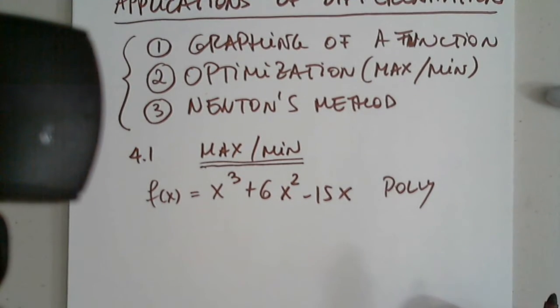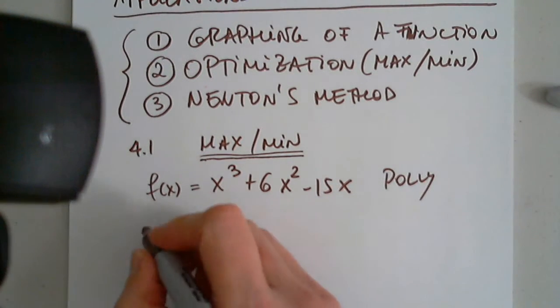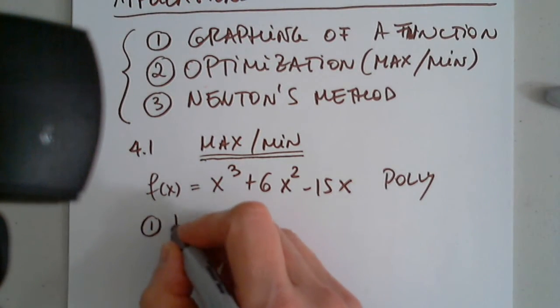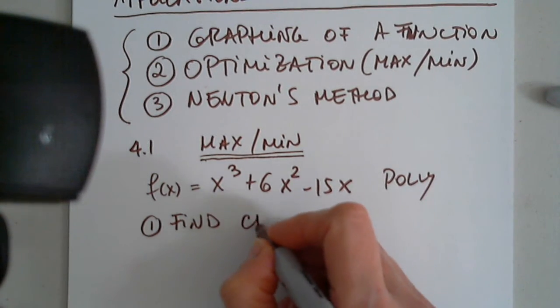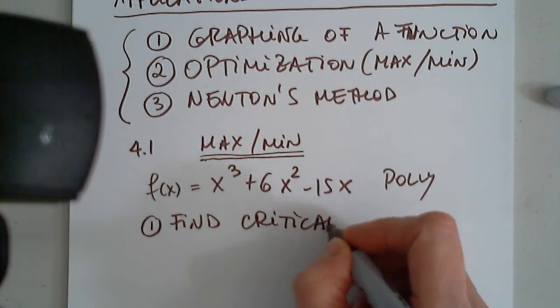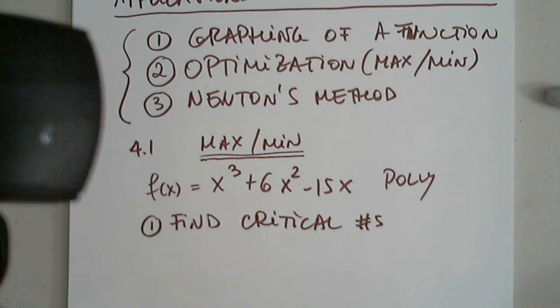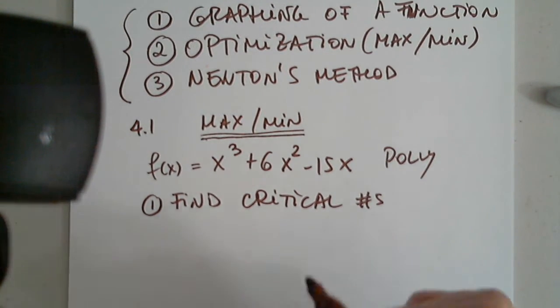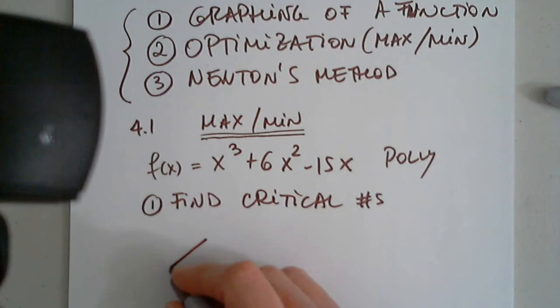Well, there is a big theory behind it. And the first step is find critical numbers. So when we talk about critical numbers, first of all, critical numbers come from two sources.